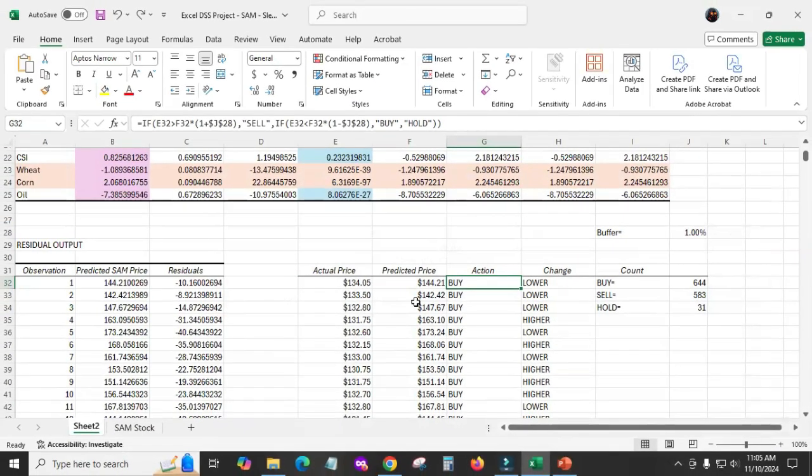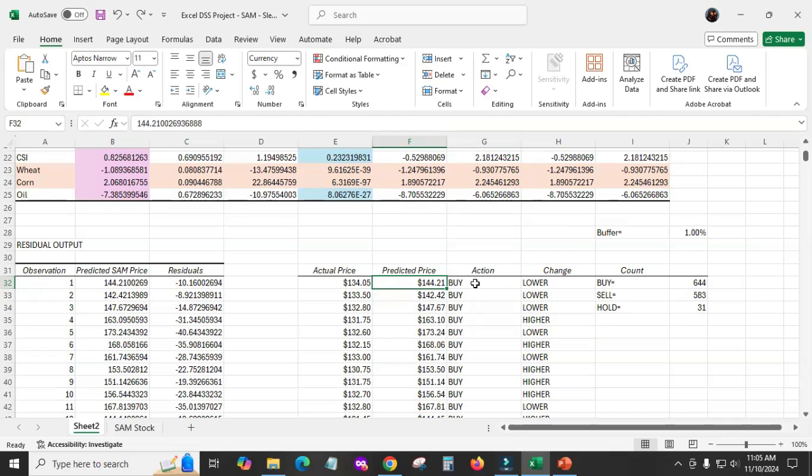Just to recap here, we copied the actual price of our stock into this column, and the predicted price from the residual model here. We determined that at the end of the day, July 3rd, 2017, the predicted price was supposed to be 144 and the actual closing price was 134.